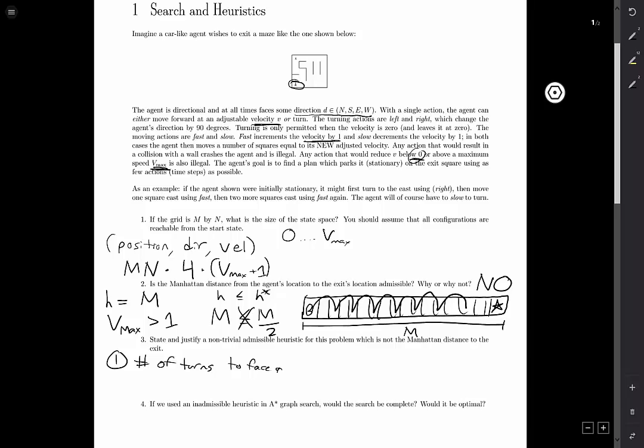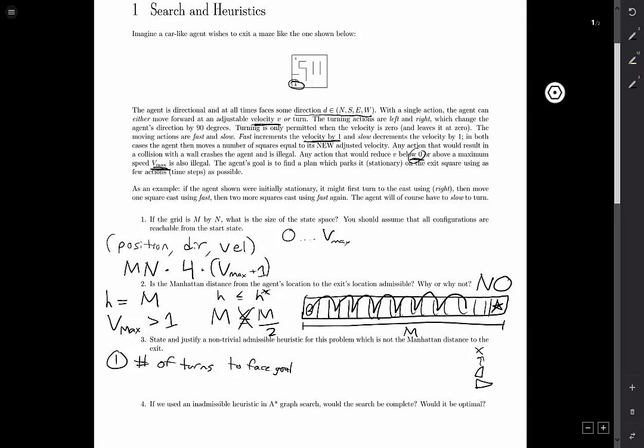Why would this be admissible? Let's say my goal is here, and my agent is facing this way. No matter what, to move up, since you can only move in the direction that you're facing, the agent will have to at some point look towards the goal. Therefore, this is a relaxation.